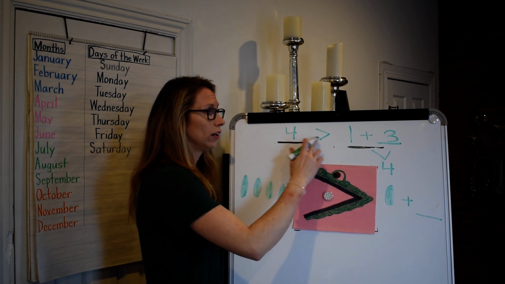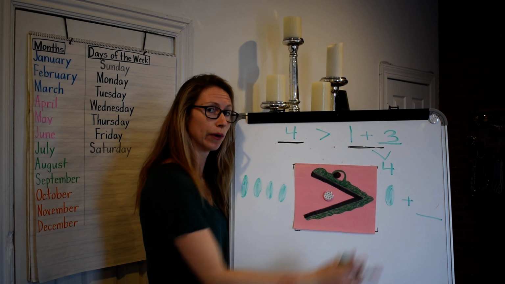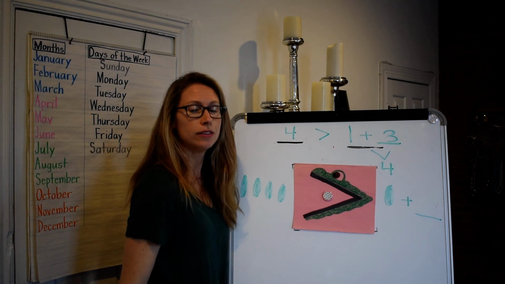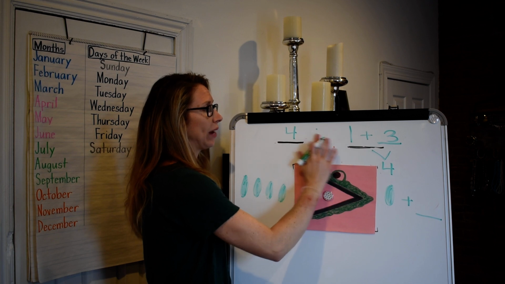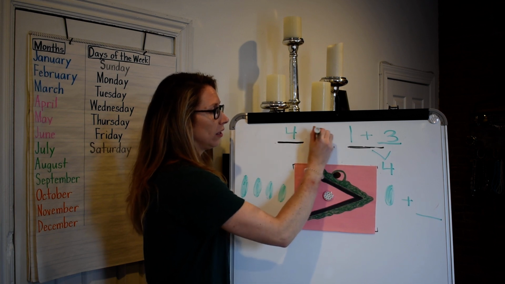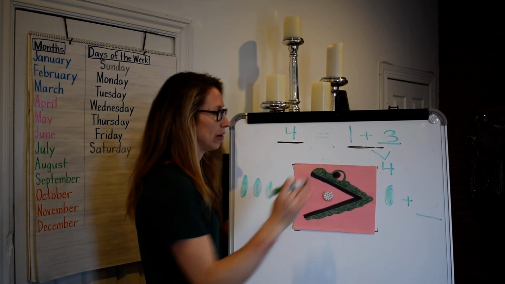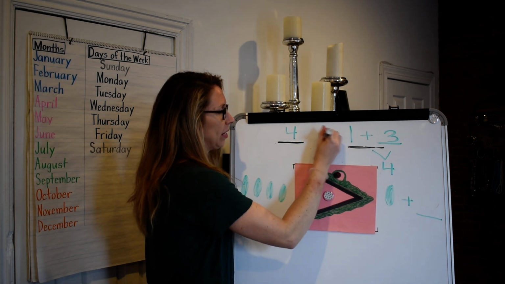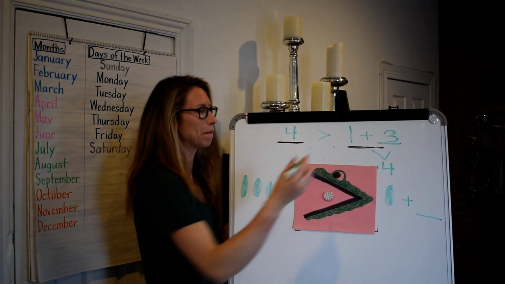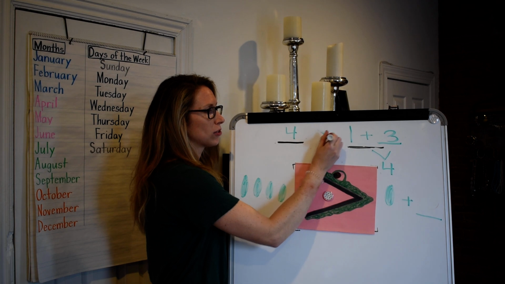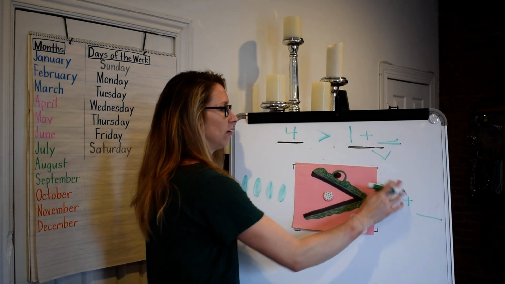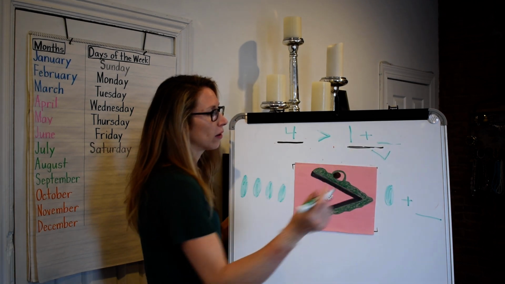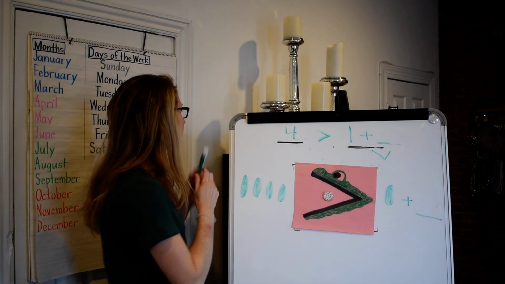Is 4 greater than 4? No, that won't work. You can't have a number that's equal to, because then it would have to be 4 equals 4, which isn't true. I mean, 4 equals 4 is true, but we're using this symbol, so that wouldn't be true. So it has to be a number that equals less than 4. So any one of those ones that we just tried would work.